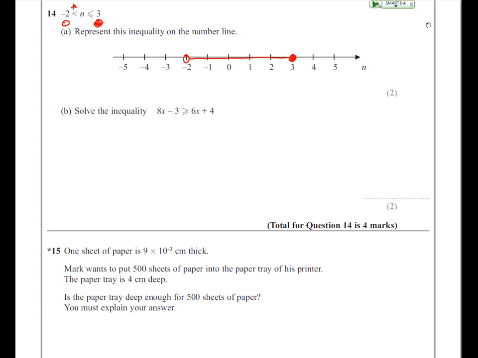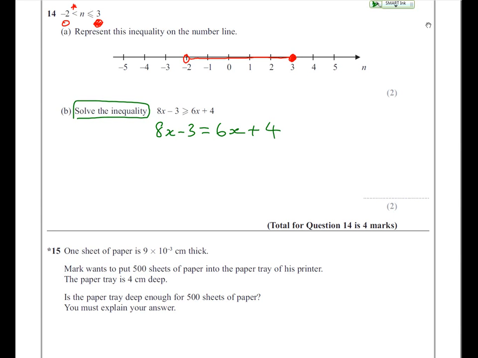Now, I'm afraid to say I'm about to cheat on this question because when I teach this, I've already taught solving normal equations. And I transfer this knowledge to solve inequalities. So, my little cheat is change this to an equals, and you'll see how I fix it in a minute.